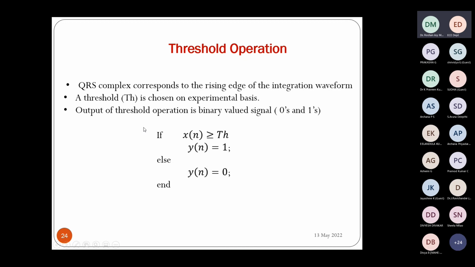The thresholding operation is given like this: if x of n is more than the threshold, make the output 1, otherwise make it 0. So if the value is more than the threshold, you plot it as 1, and if it is less than the threshold, put it as 0.